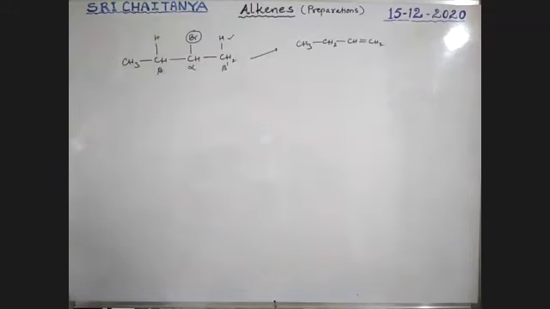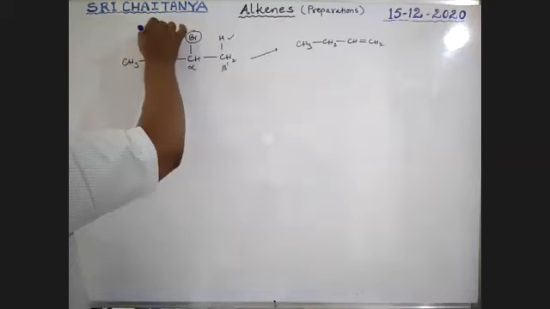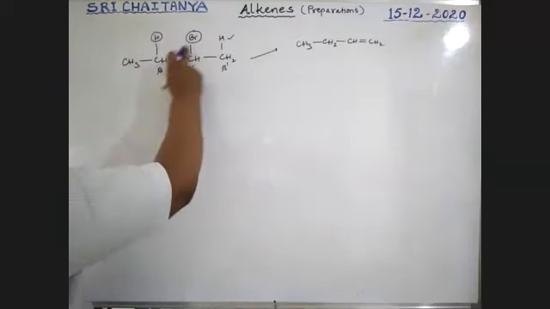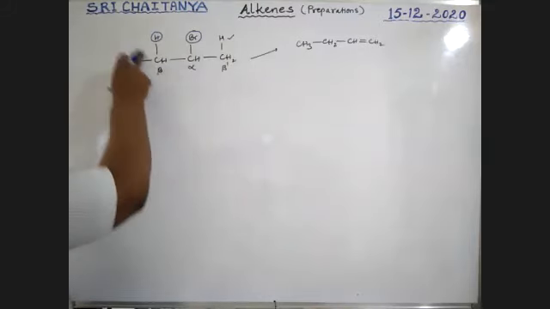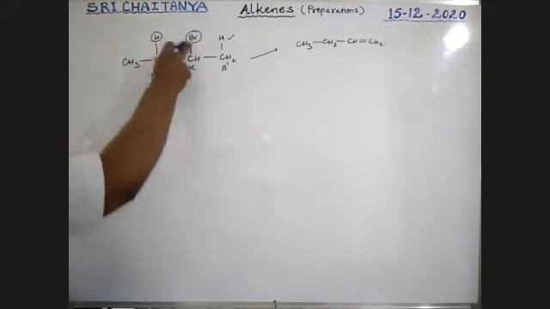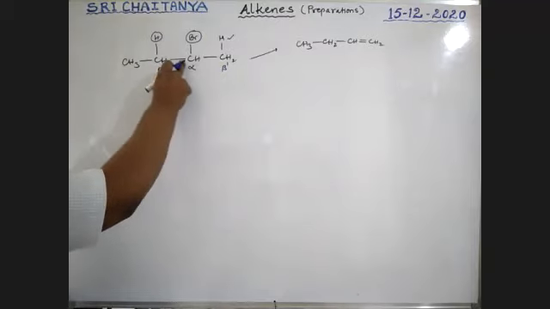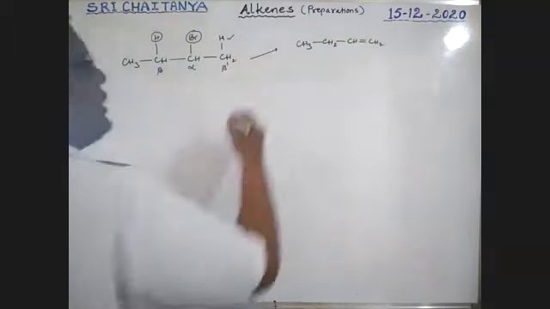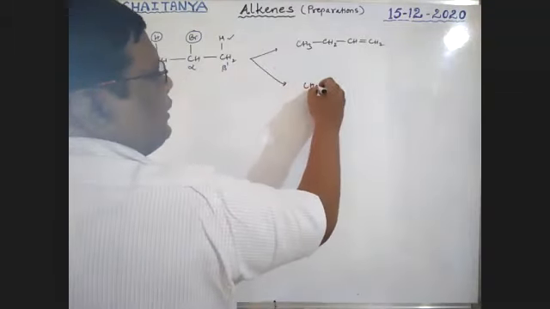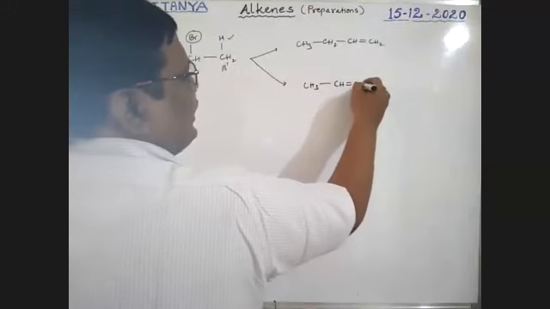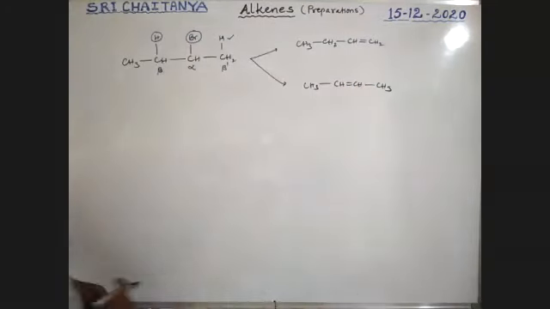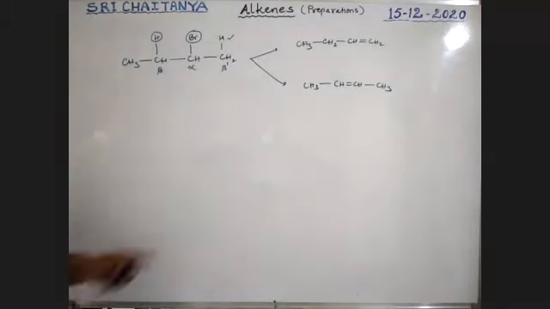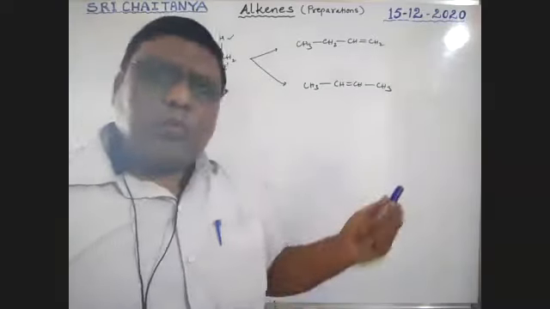If this hydrogen is eliminated, this halogen must leave too, so these two are eliminated, and the pi bond is formed between these two carbons. The product is CH3, CH double bond CH, CH3. These are the two possibilities, and both are alkenes.